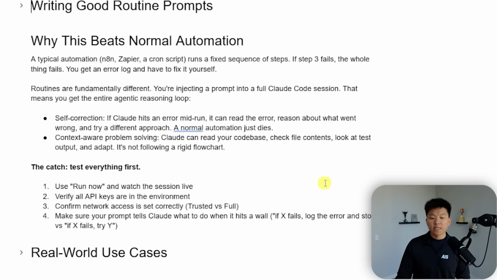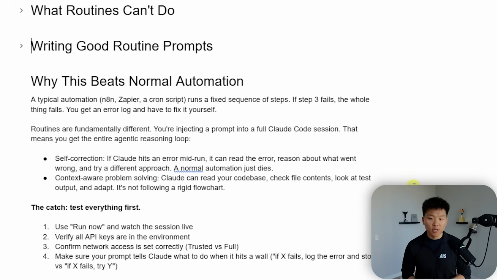Okay, so why is this so exciting? And why does this beat normal automation? Because we are actually keeping the agentic framework. When I talk about the WAT framework, where we have workflows and agents and tools, when we push those automations to the cloud as just a Python script, we're losing the agentic piece. We're only sending off really the tools and the workflow.